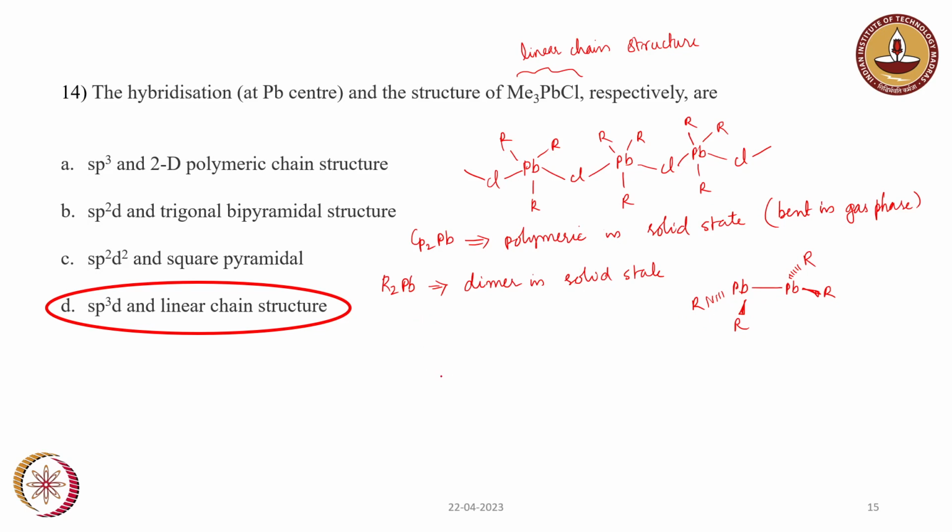So the bent structure can be explained through the hybridization and bonding. So the hybridization is sp2 hybridization.